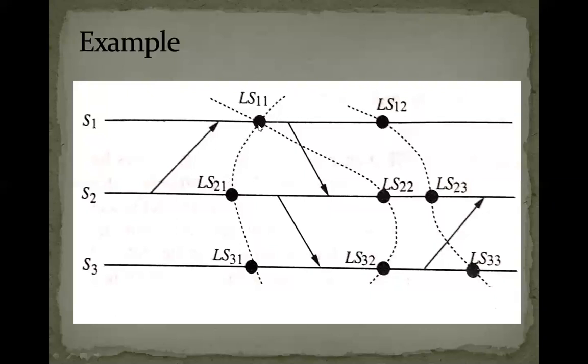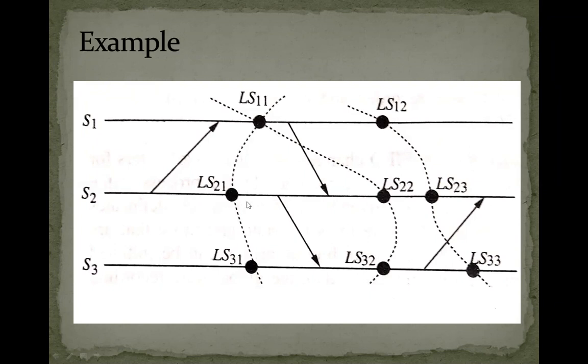So at this particular moment of time, the message has been received, and at this moment the message has been sent. Whatever the state of S1, it will show that it has received one message. Whatever the state of S2, it will show that it has sent a message. And here there is no message, so its timing will be 0, 0, 0.